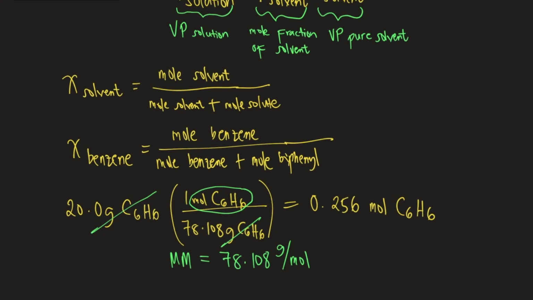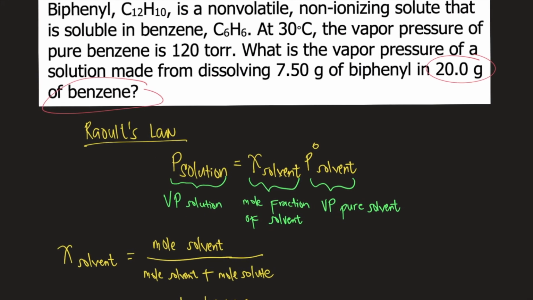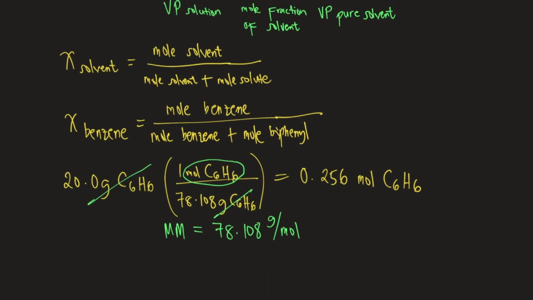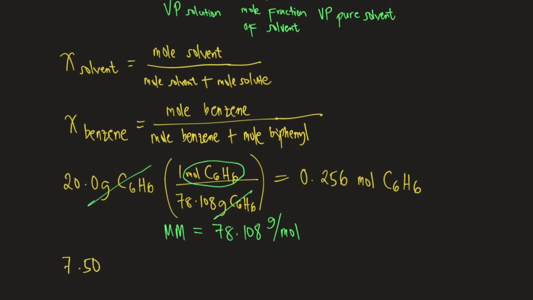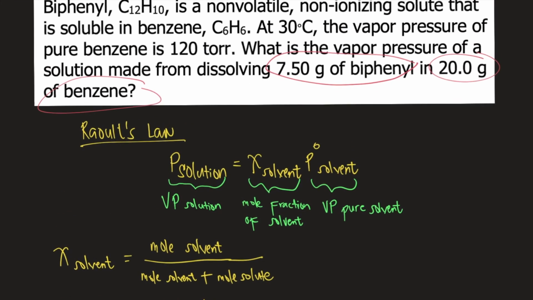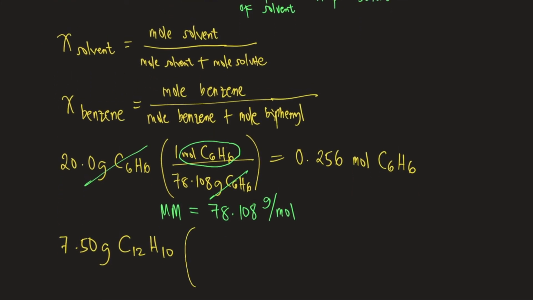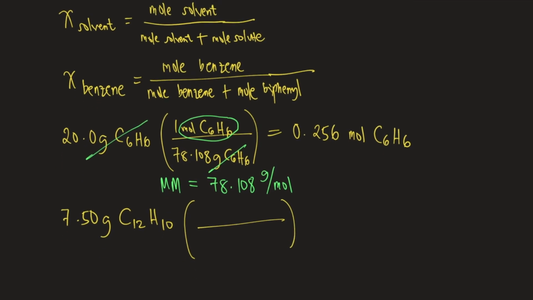Next, we will solve the moles of biphenyl. In the problem, we are given 7.50 grams of biphenyl, C12H10. And the molar mass of C12H10 is equal to 154.2 grams per mole.